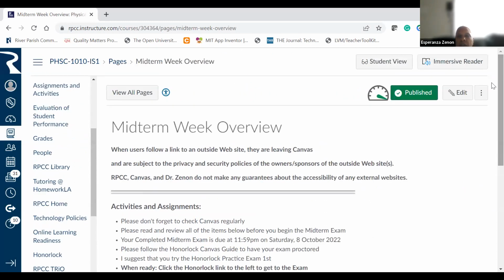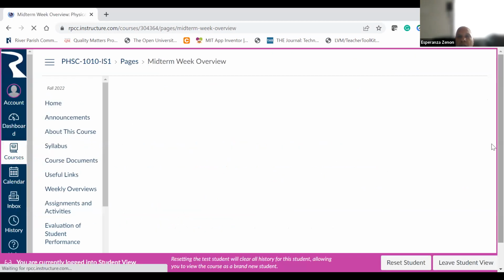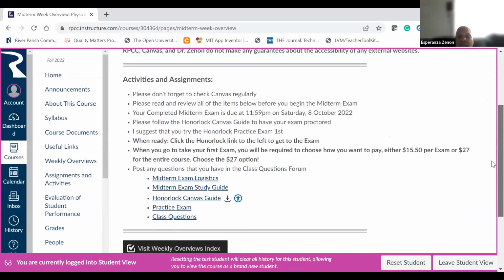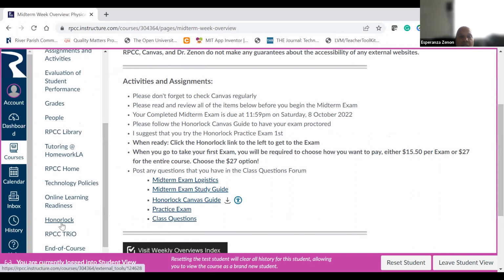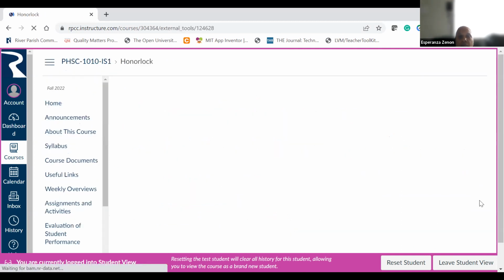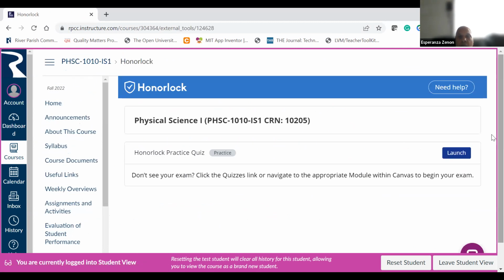I'm going to temporarily switch to student view so that you see what it'll look like to you. On the left menu, there's an item that says Honorlock. The exam for the midterm is not there yet because it doesn't become available until the 1st. Again, try the practice exam to make sure that everything is functioning properly before you attempt the actual exam.